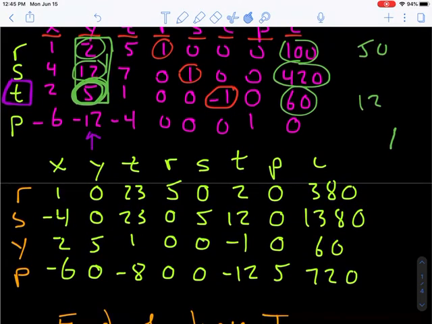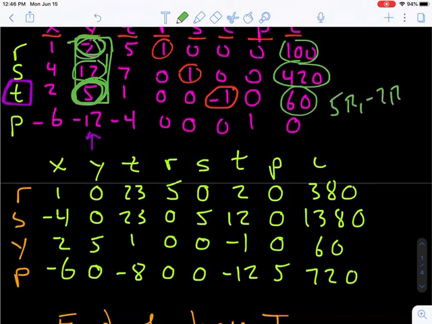Now, what are the actual row operations? Well, let's just take a quick look at what those might be. So to get rid of this 2, to make that into a 0, I would probably do, remember we want to do the changing row first, so probably do something like 5 row 1 minus 2 row 3.